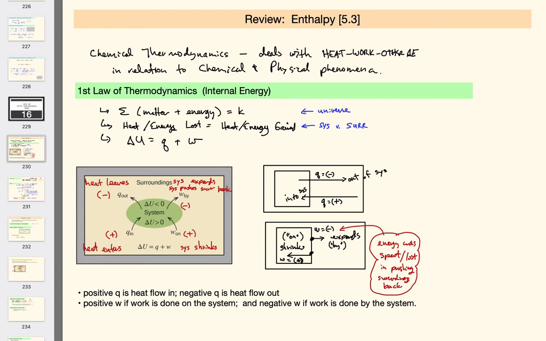So let me drive this point home. Let's talk about heat transfer. I'm just talking about Q now. I want to give you a graphic here.